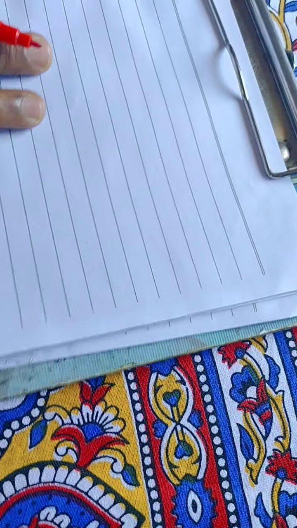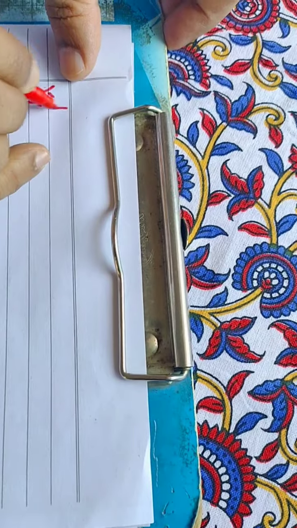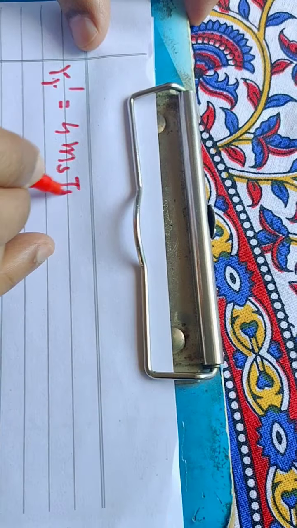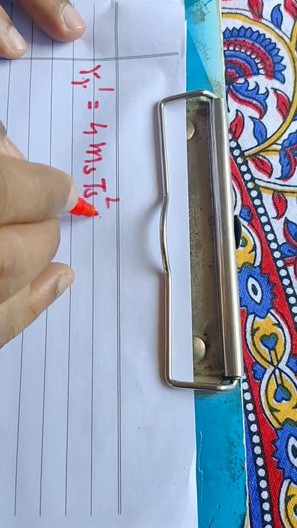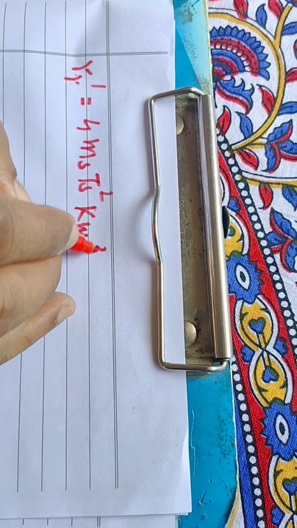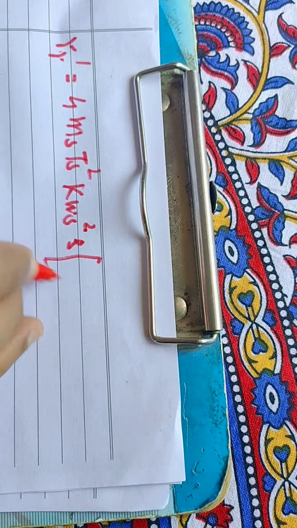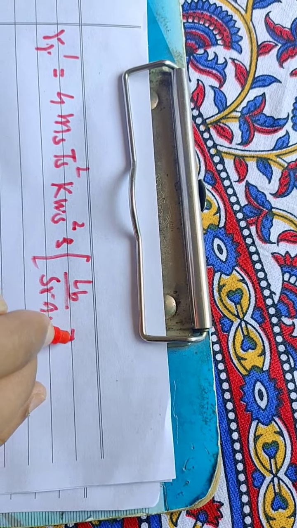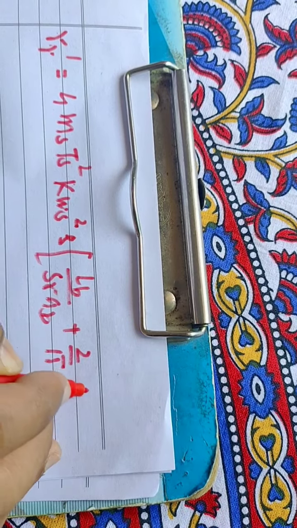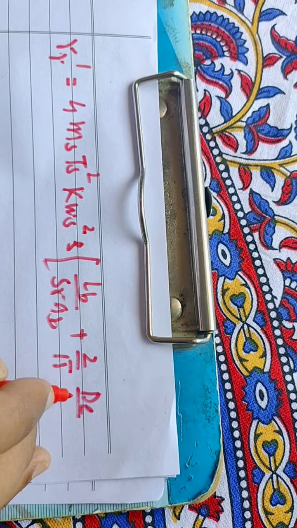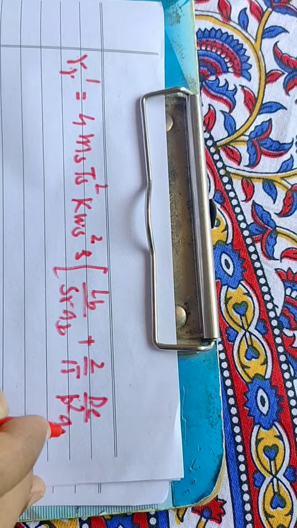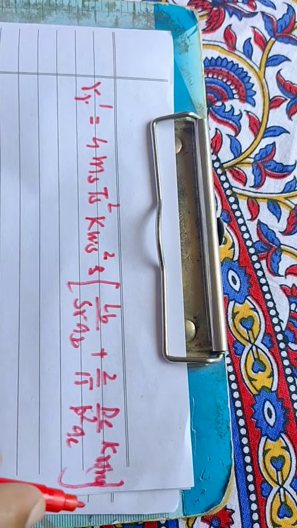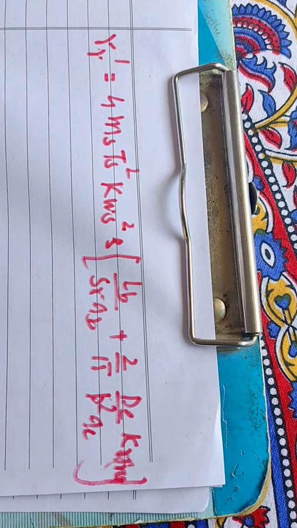Therefore RR dash is equal to 4 MS TS square into KWS square into rho into LB upon SR AB plus 2 upon pi DE upon P square AE into K ring because of non-uniform current in the end ring.